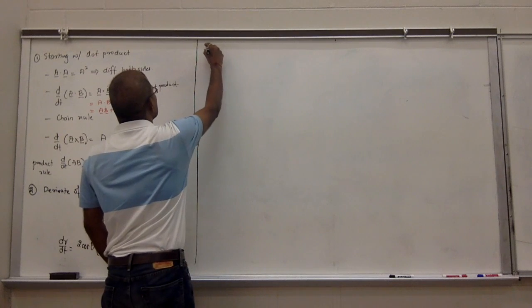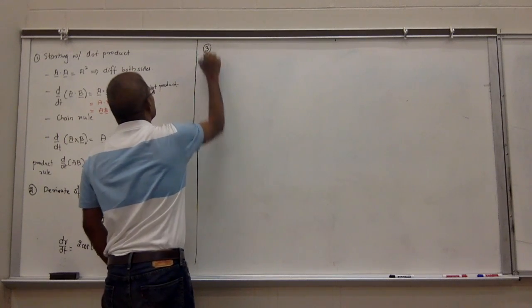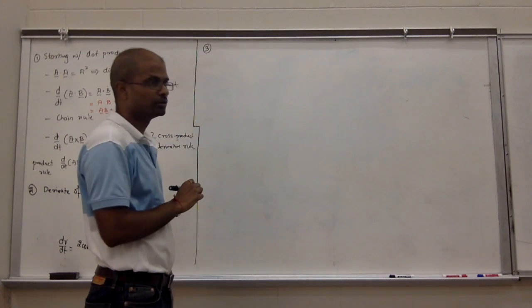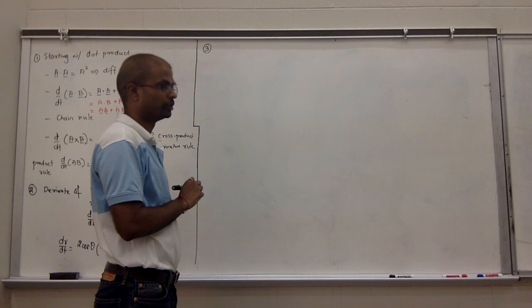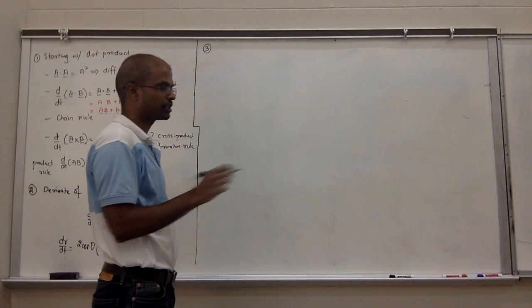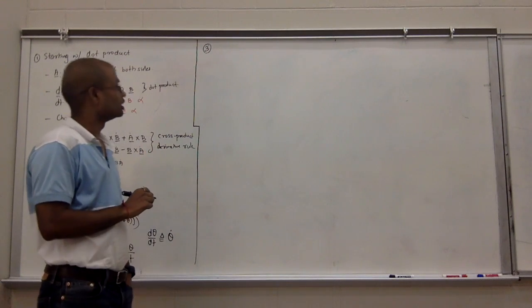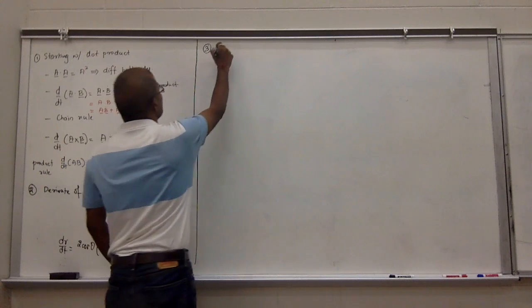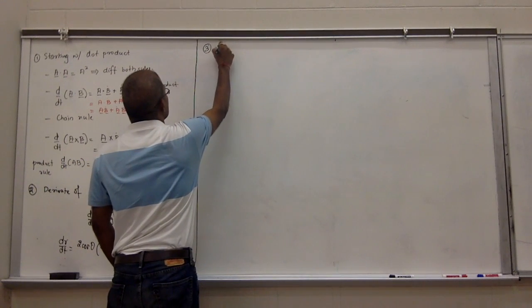Go to the third one. That's when you give the vectors A, B, and C. That's actually pretty simple.